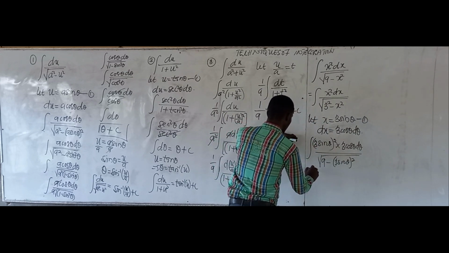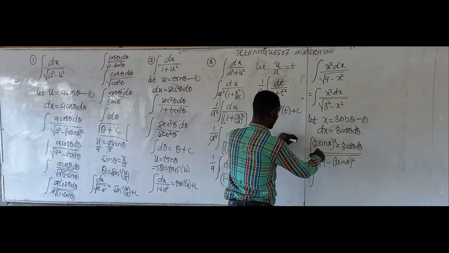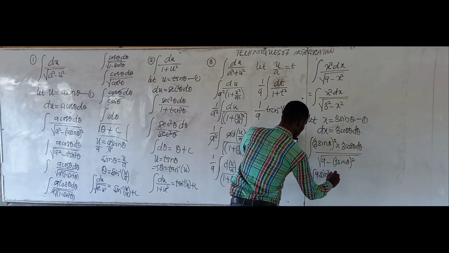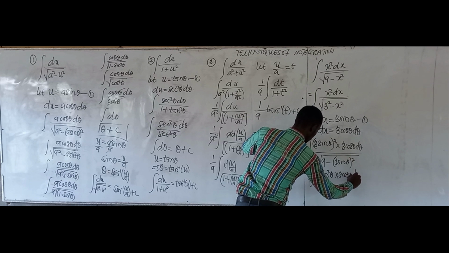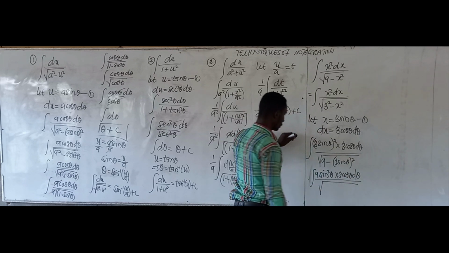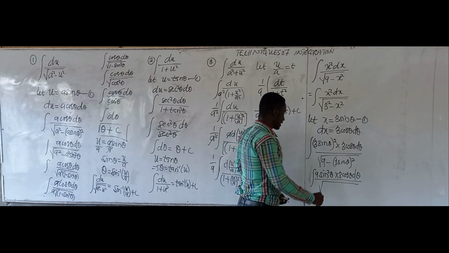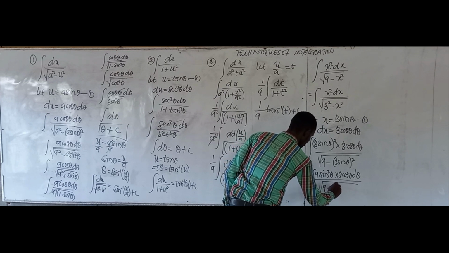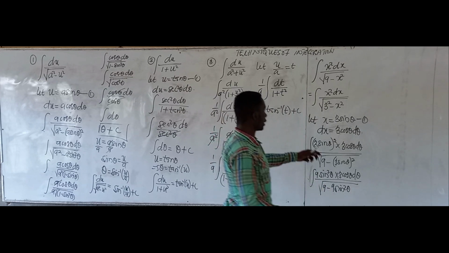The top gives the integral of 9 sine squared theta times 3 cos theta d theta, all over the square root of 9 minus 9 sine squared theta.